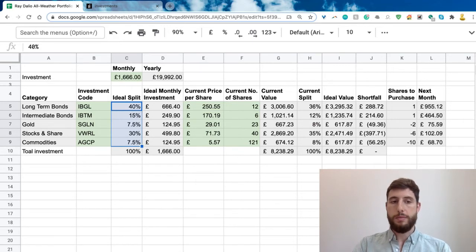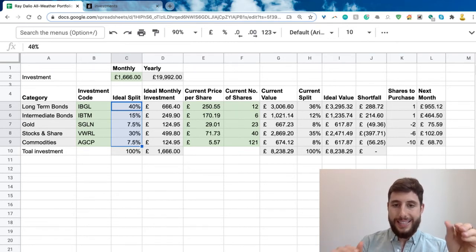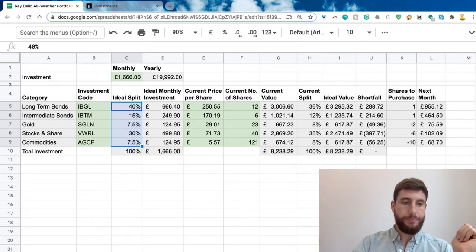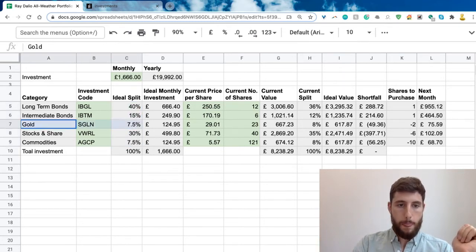And the reason why this is important is because one of the main benefits of the Ray Dalio all-weather portfolio is that you're investing in these items that are diversified in a specific way, but it's important that they're invested in the right ratio because, for example, gold is very volatile.